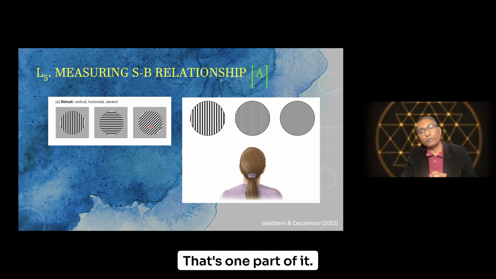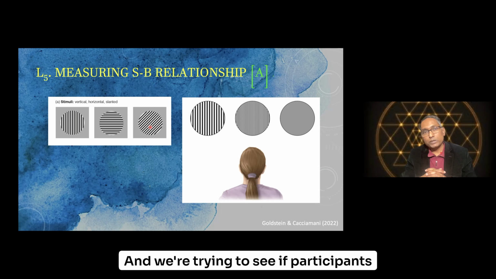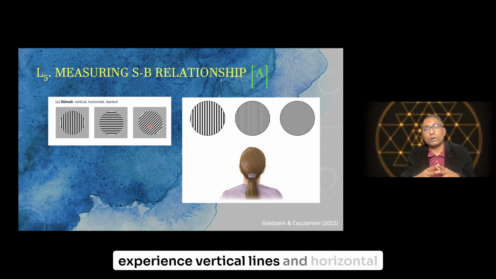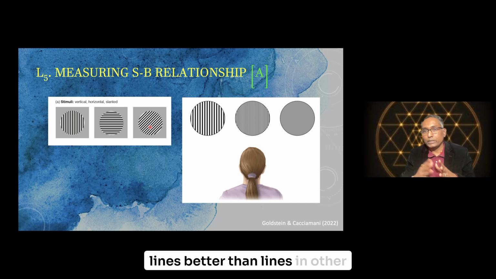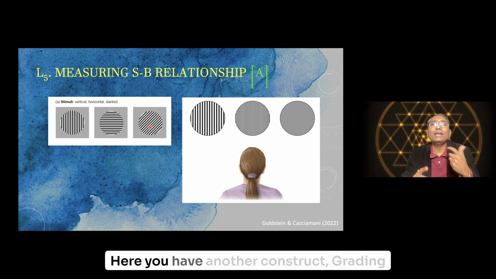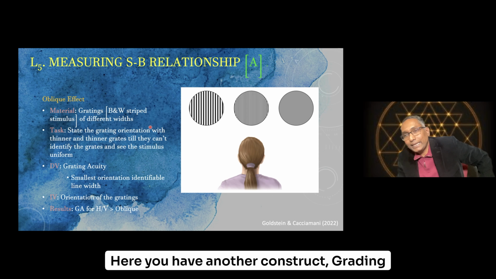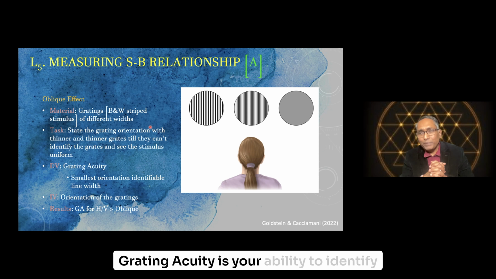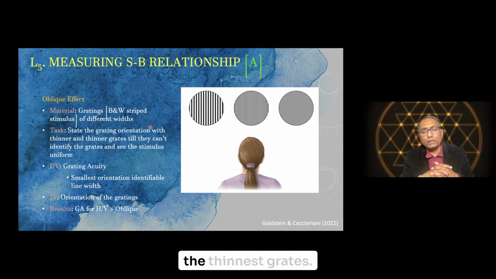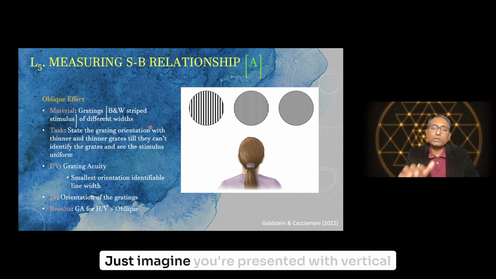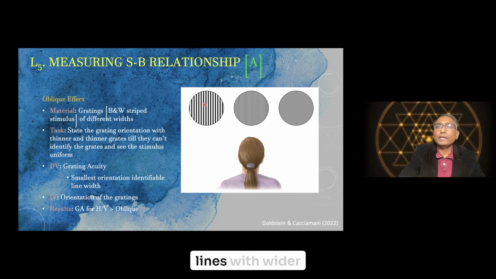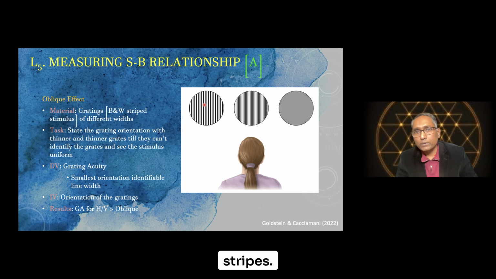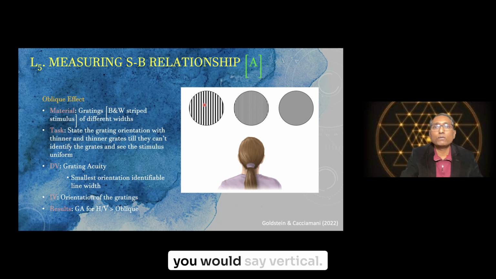That's one part of it. And we're trying to see if participants experience vertical lines and horizontal lines better than lines in other orientations. That's our idea. Here, you have another construct, grating acuity. What is grating acuity? Grating acuity is your ability to identify the thinnest gratings. Just imagine you're presented with vertical lines with wider stripes and asked to identify the orientation, you would say vertical.